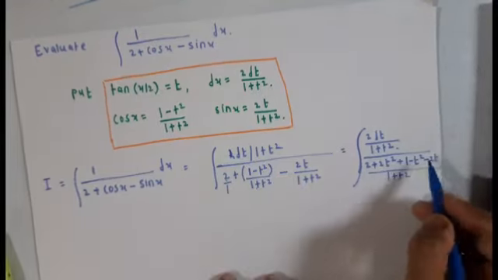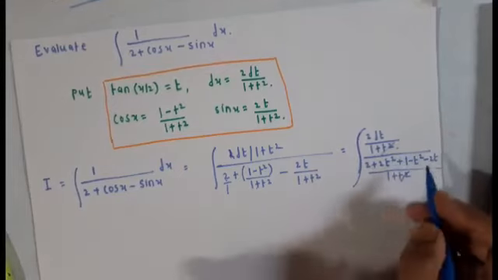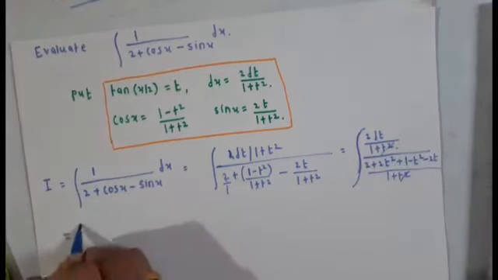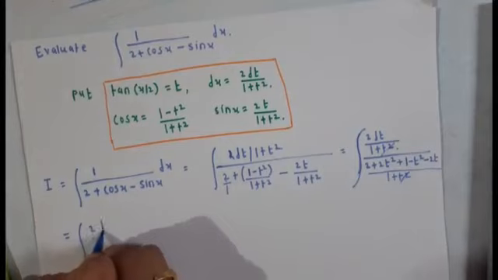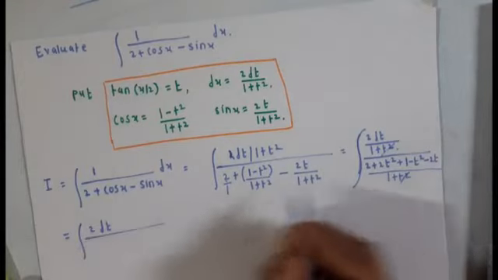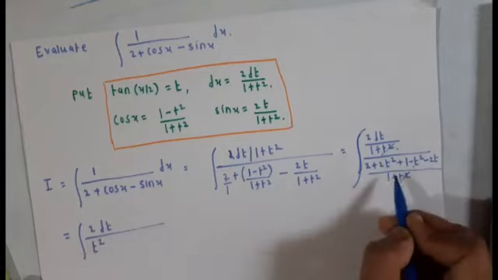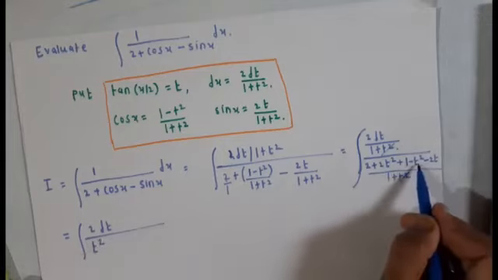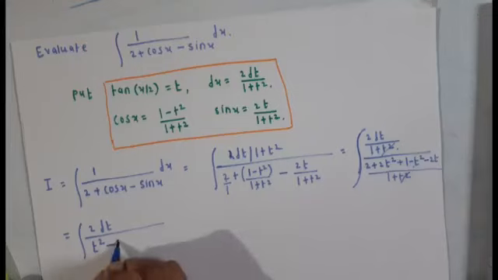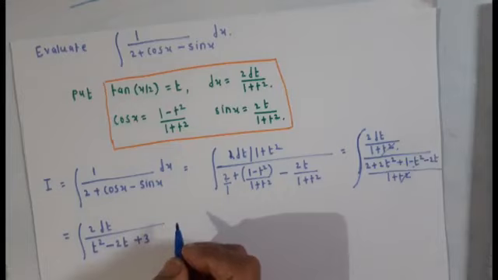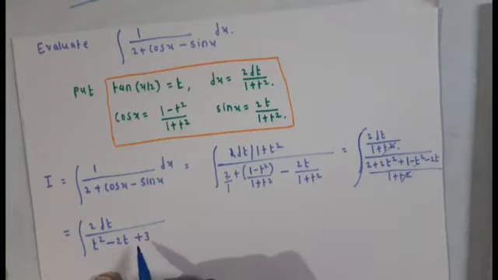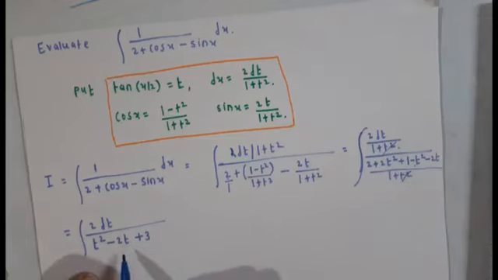So this 1 plus t square term gets cancelled and we will get integration of 2 dt upon 2t square minus t square, that is t square, then minus 2t plus 3. This is the simplification. Okay students, and now this is of the special integral type.